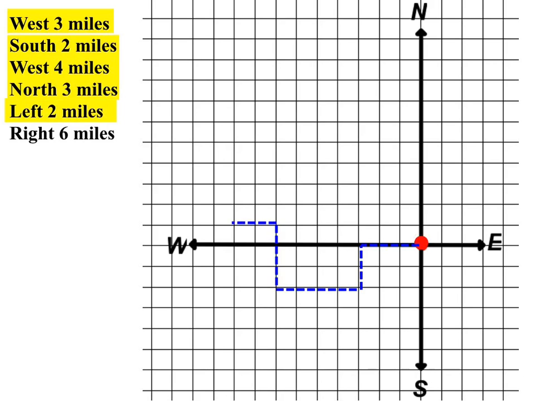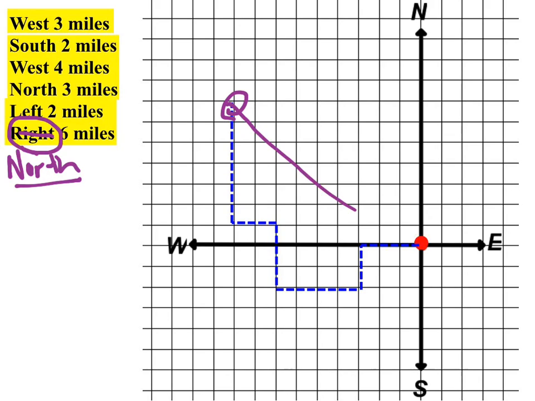Then he went right 6 miles. And I think that last one should say not right. This should actually say up or north. Now the question is, this is where he just ended. How far is it from where he ended to where he started?